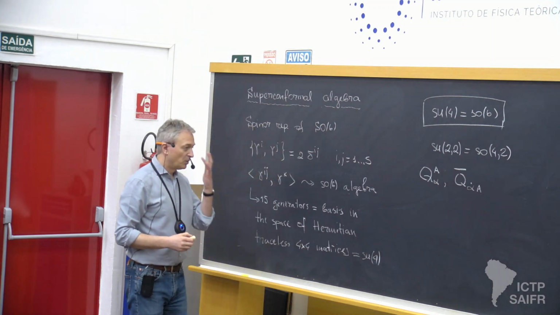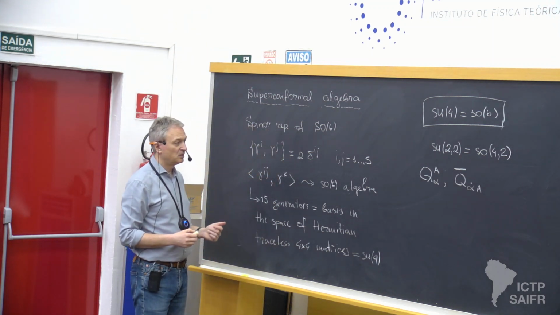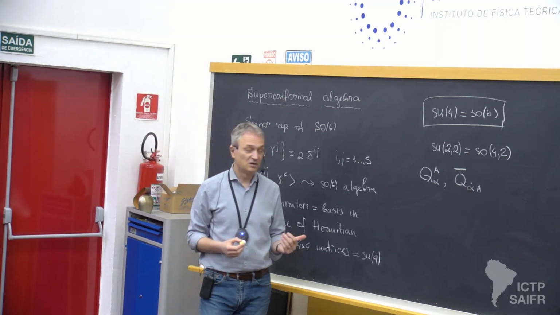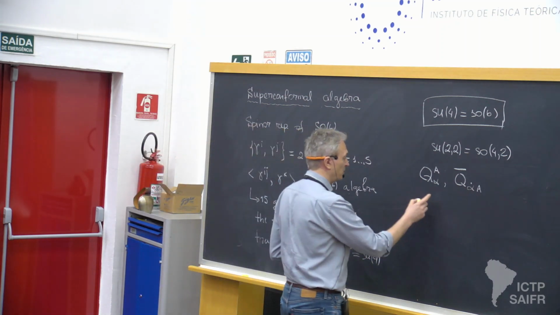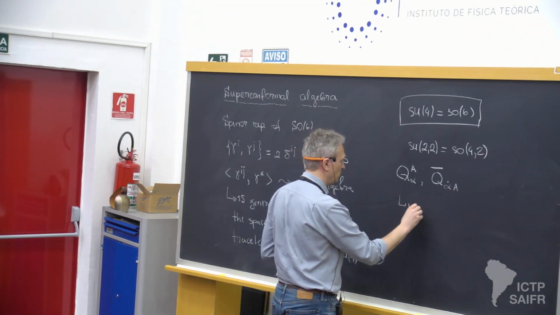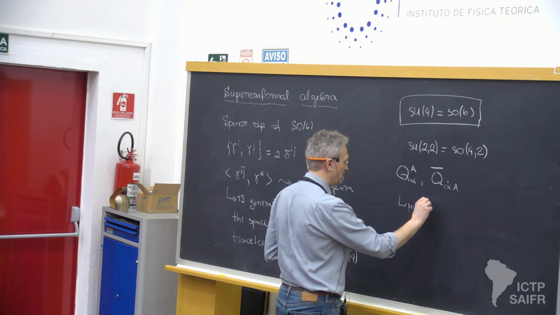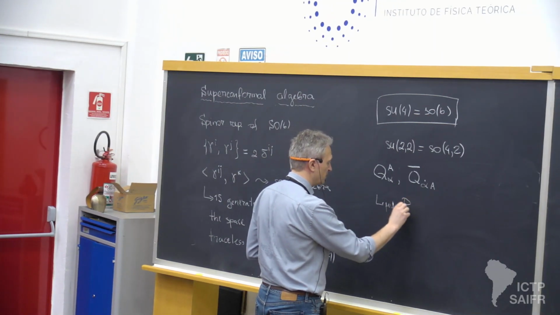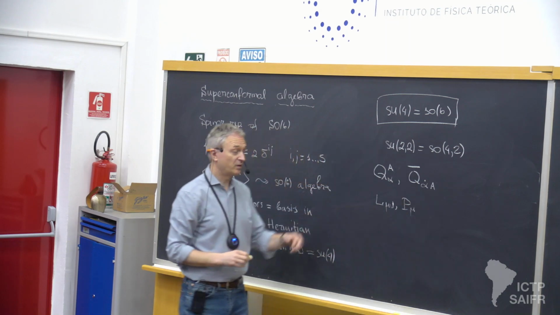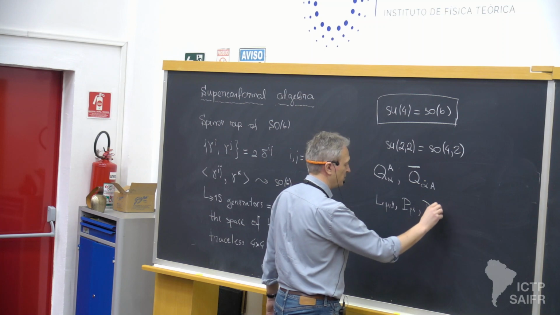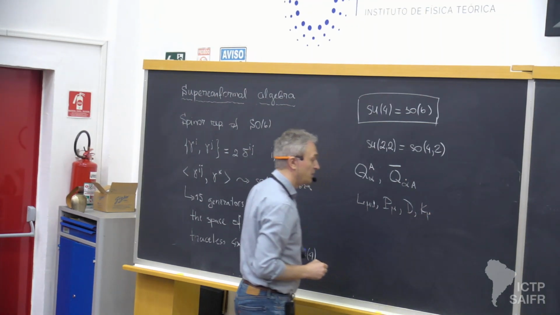So when we had conformal generators, on the Lorentz side, we started with generators which were Lorentz transformations and translations. This would be the Poincare algebra. But then we add dilatations and special conformal transformations to that.